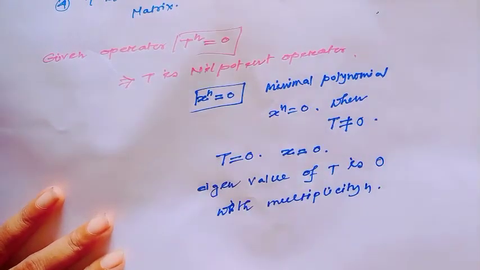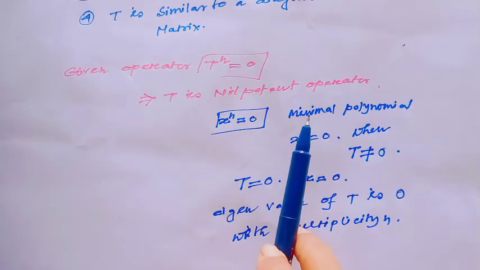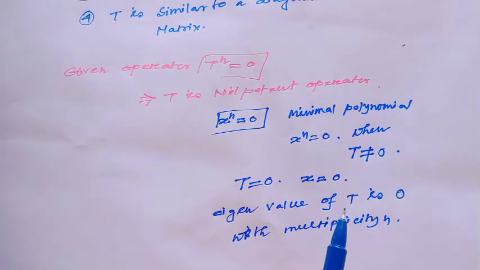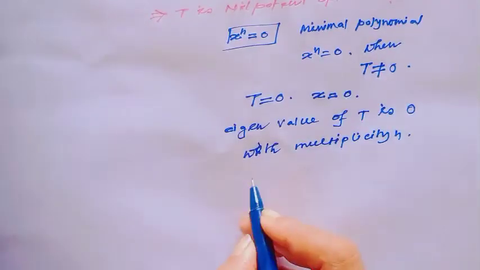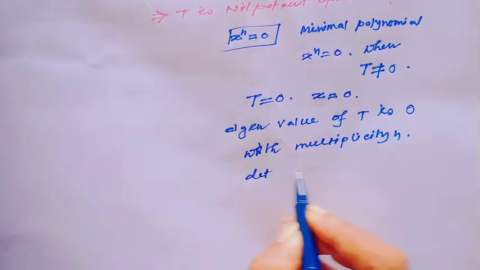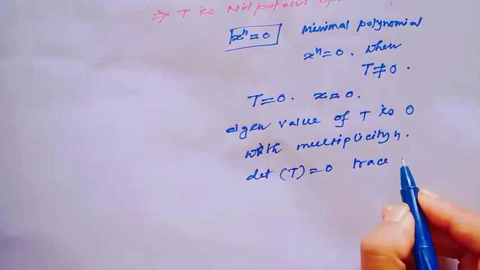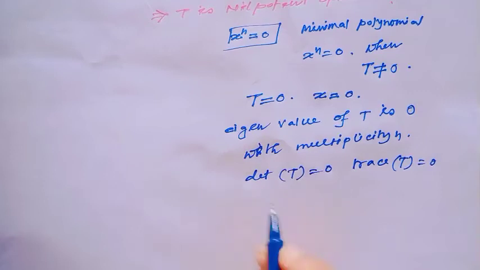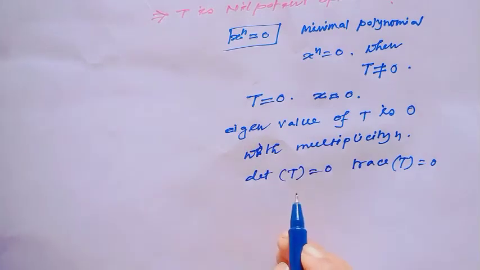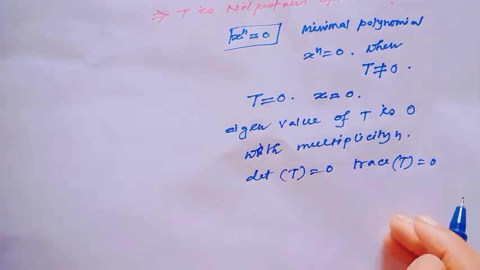Okay? Means for a nilpotent operator the only eigenvalue is 0. So we can tell for a nilpotent operator the determinant of this operator is always 0 and the trace is always 0, because determinant means product of the eigenvalues and trace means sum of the eigenvalues.